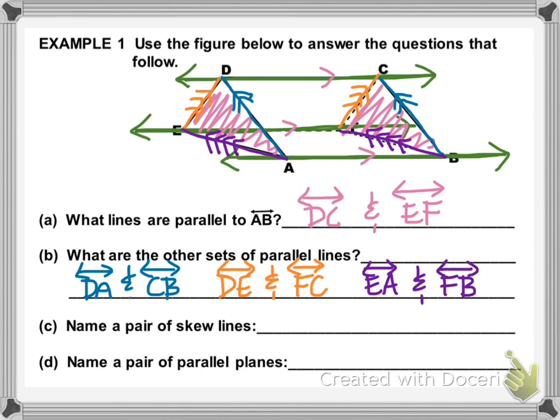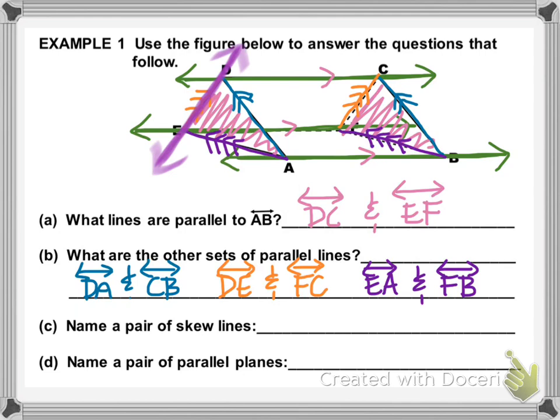All right, name a pair of skew lines. So there are lots of combinations here, but we want two lines that are in different planes that are not going to intersect. So let's see. Maybe we're talking about this line DE, okay?